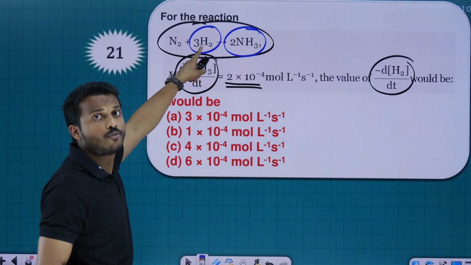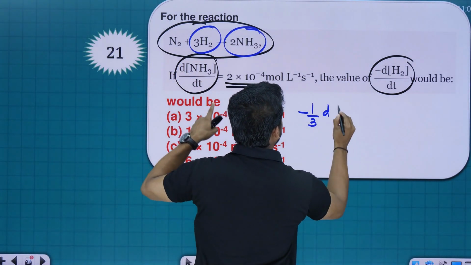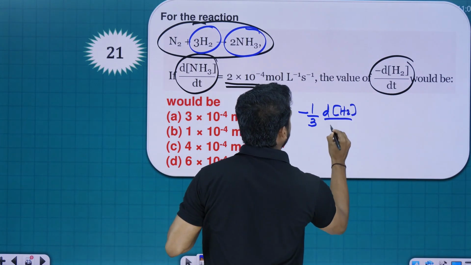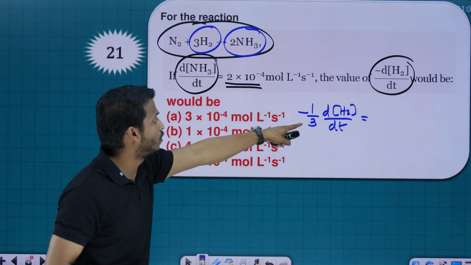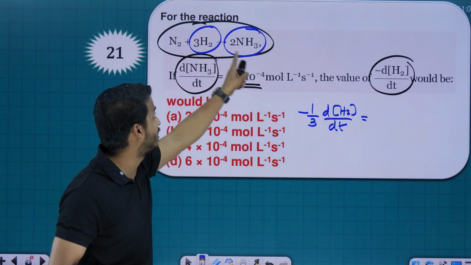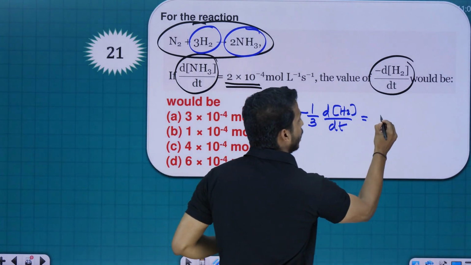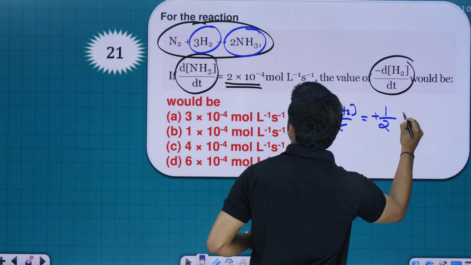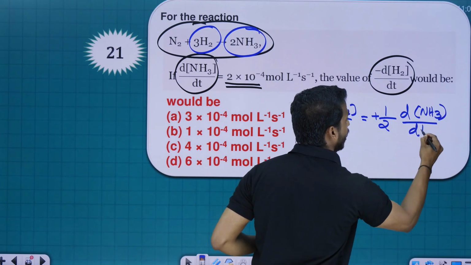Can you say how we write the rate in terms of hydrogen? Minus 1 by 3 dH2 divided by dt. Yes or no? Because the coefficient is 3, we take the reciprocal, and it is a reactant, therefore the minus sign. And how do you write it in terms of ammonia? Plus 1 by 2 into d of the concentration of ammonia divided by dt.